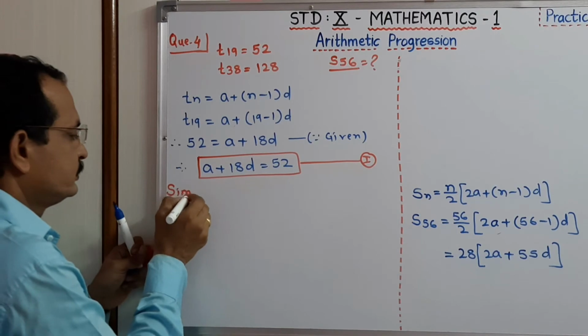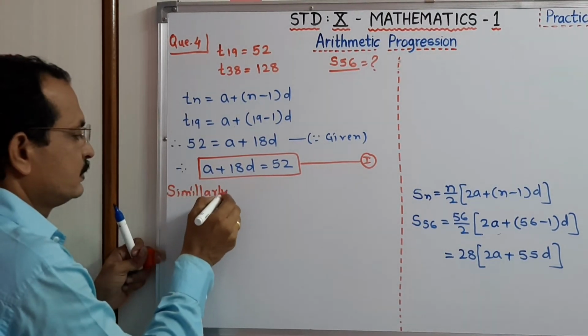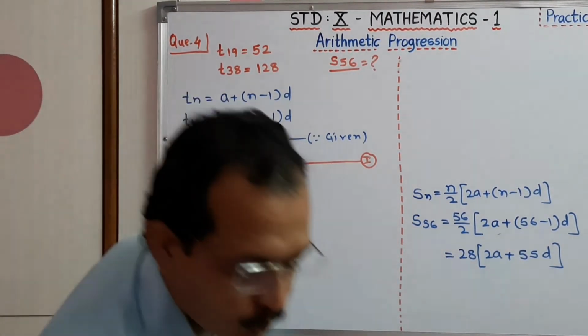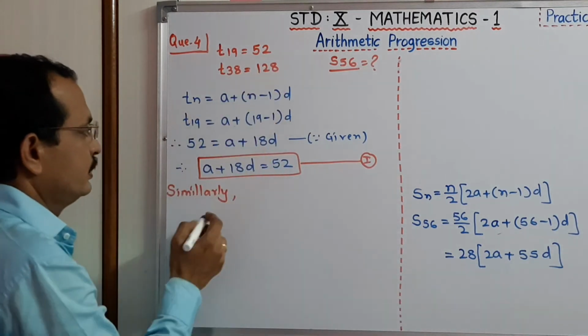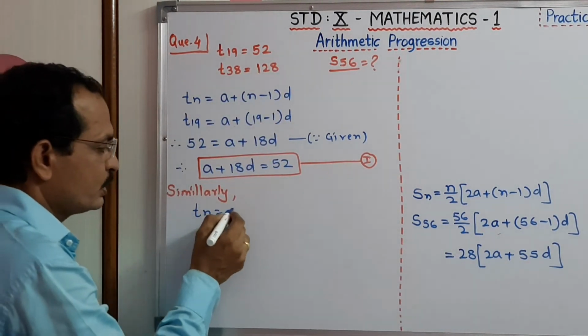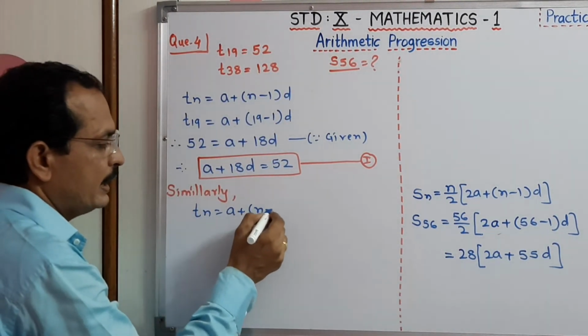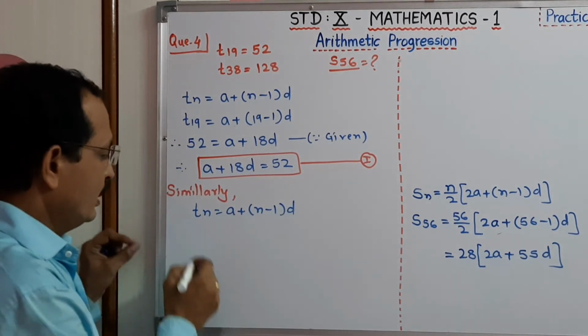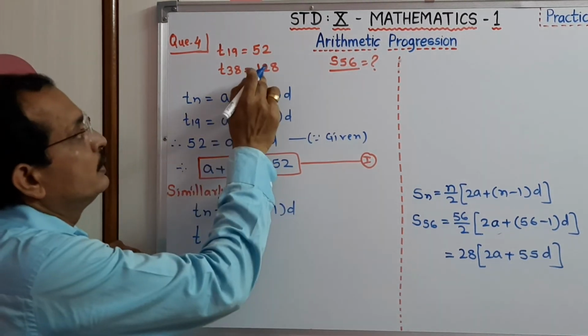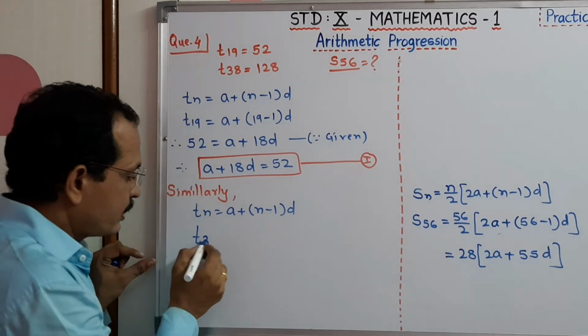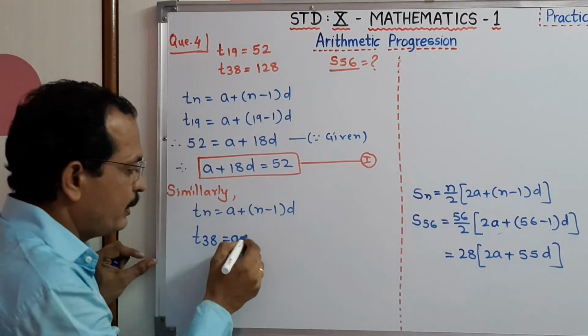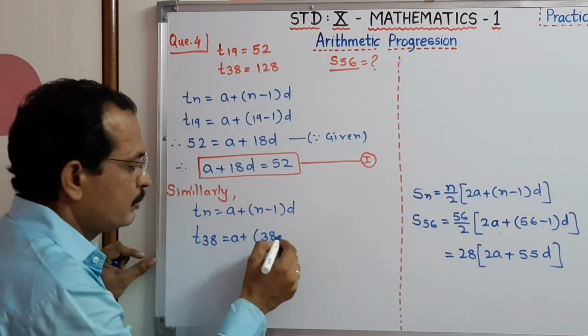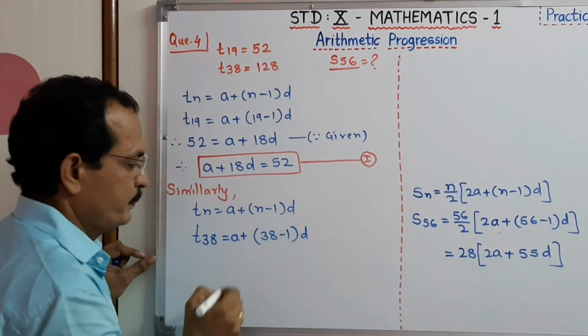Similarly, we know T38, where Tn is equal to a plus n minus 1 into d. Therefore we write T38 is equal to a plus 38 minus 1 into d.